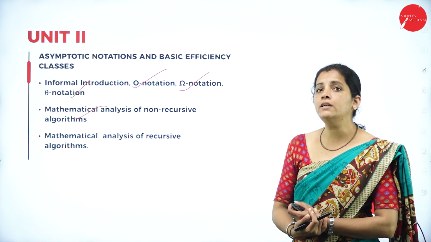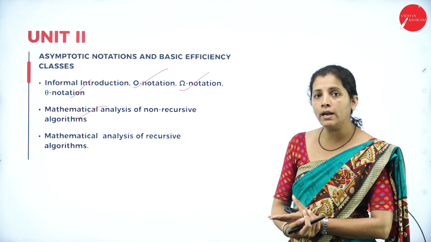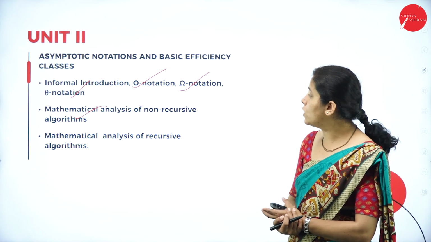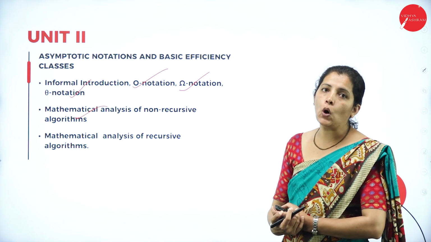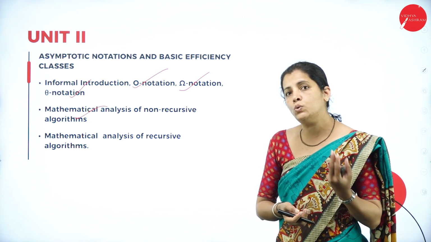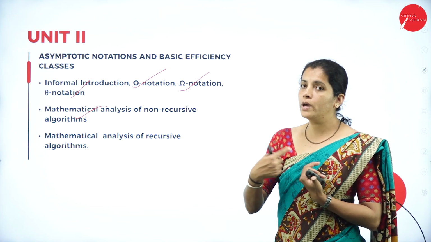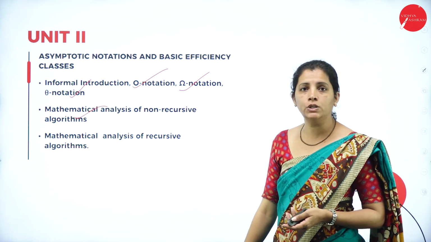So dear student, we can write the algorithm in 2 ways. One is recursive algorithm and another one is non-recursive algorithm. And mathematical analysis of recursive algorithm. So we can solve given problems in 2 ways, one is recursive and another one is non-recursive. So we are going to study 2 concepts under this unit 2. Okay, fine.